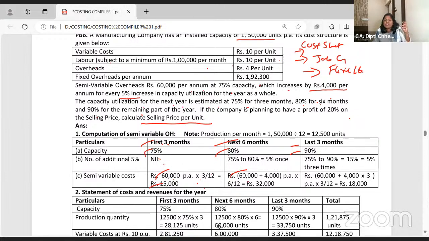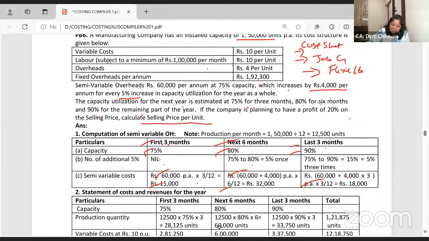But 64,000 is per annum, and at 80% it is 6 by 12. Next, 90%. So 80 to 90: 4,000, 4,000, or add them: 64 plus 4 is 68, plus 4 is 72. But this 72,000 per annum is only for 3 months. So you got the answer.